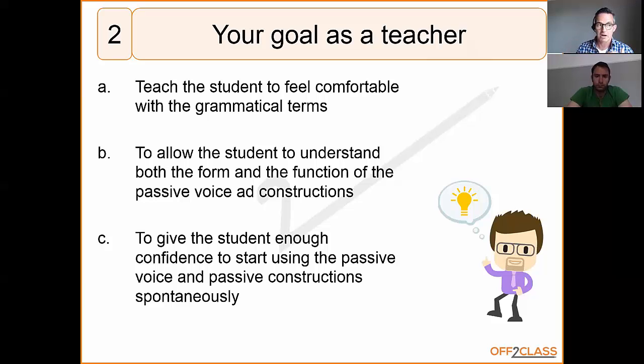And when I was discussing this with some teachers on LinkedIn, most teachers felt that the passive was one of the easy areas because you simply change the active sentence into a passive sentence and you move the object in the active to the passive, and that's all very well to show the form, but the function about when we use the passive is far harder to get into a production stage for a student.